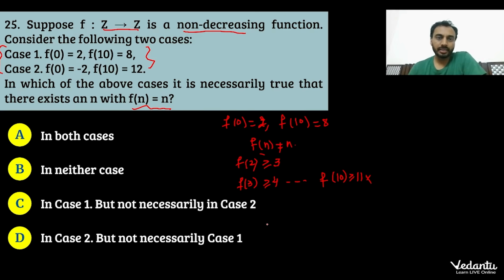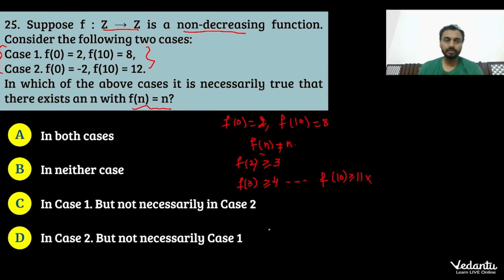So if we assume that f(n) is not equal to n, clearly we cannot have the condition that f(0) is 2 and f(10) is 8, right? Now if we see the second part, f(0) is -2 and f(10) is 12.